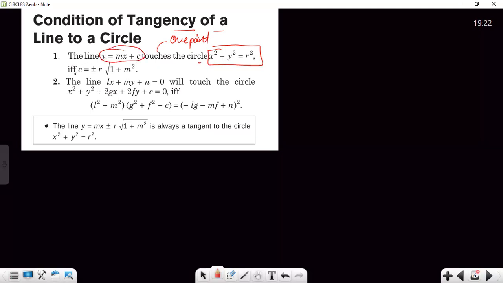Then it will be tangent if and only if the intercept c equals plus minus r times square root of 1 plus m square. So it is another way to write c by square root of 1 plus m square equals r. If and only if. And there is a modulus on c, so c can be plus minus. That's why plus minus is written.